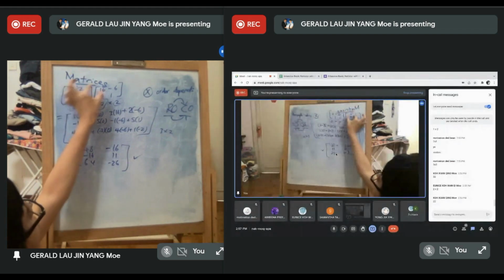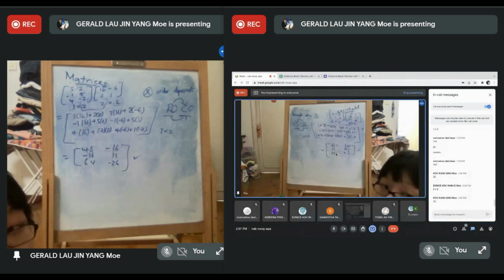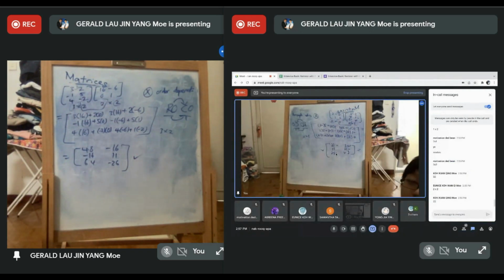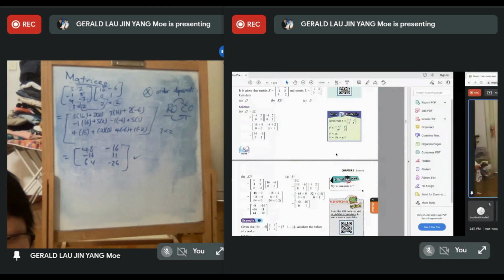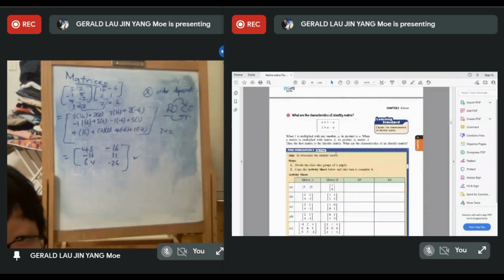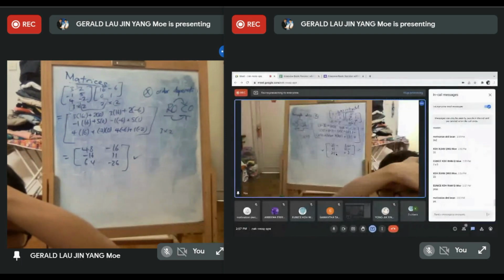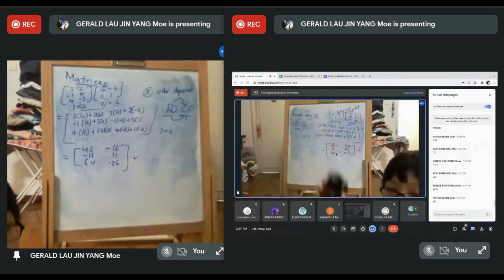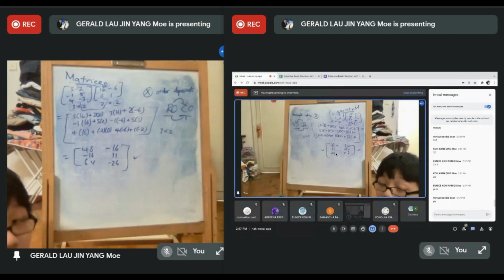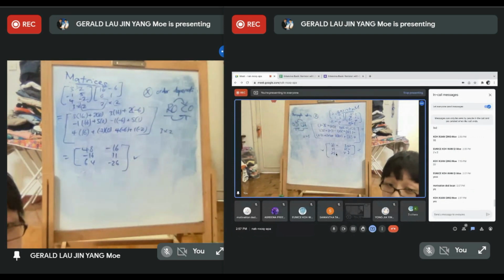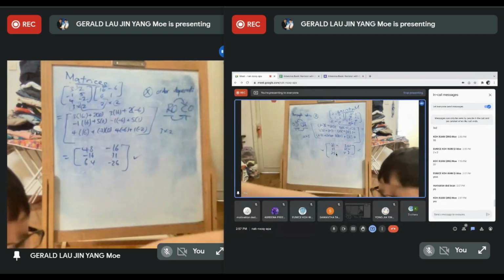Row, column, row, column, row, column, row, column. Okay? Can do, right? Okay, who is blur? Who doesn't understand? If you all understand, then we can move to the next part, which is identity matrix. Do you all understand? Good. No one blur?